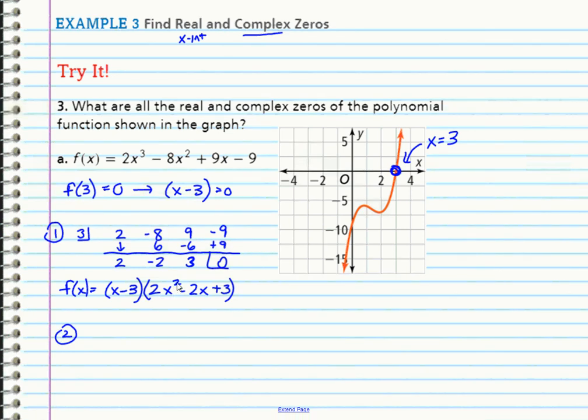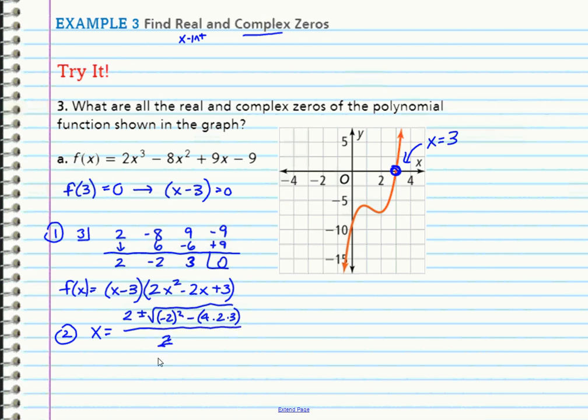because my imaginary ones are going to come out of this. So if I use the quadratic formula, it'll be x equals negative b, so negative of negative 2 is 2, plus or minus the square root of negative 2 squared minus 4 times 2 times 3, all over 2 times 2.